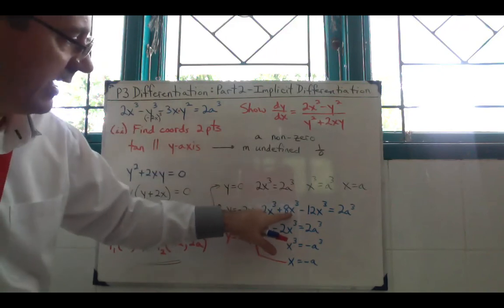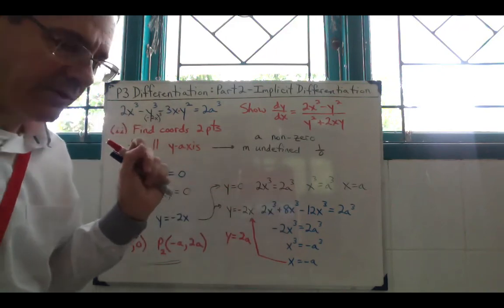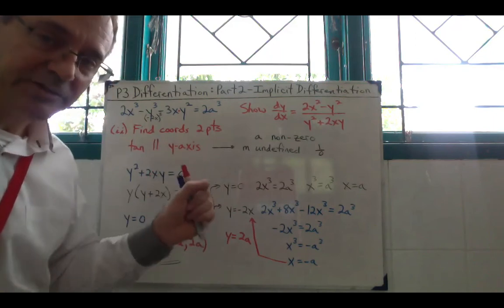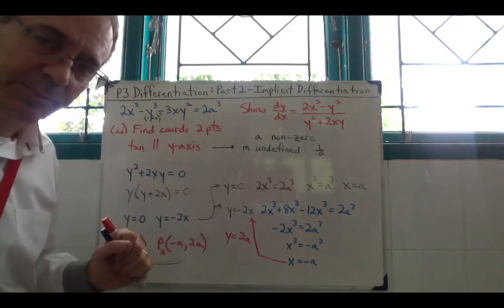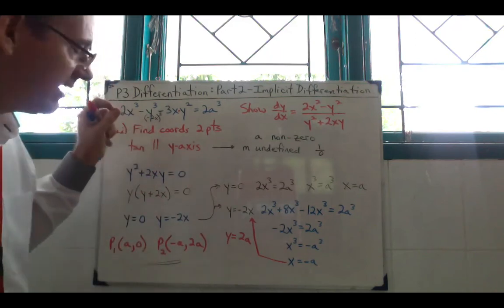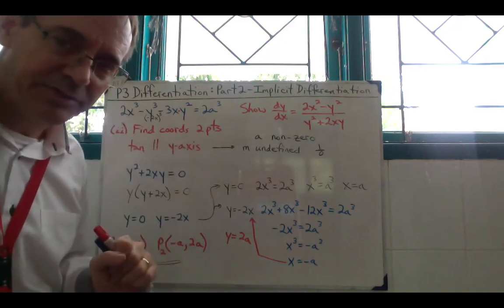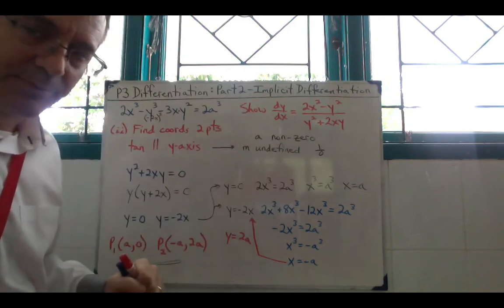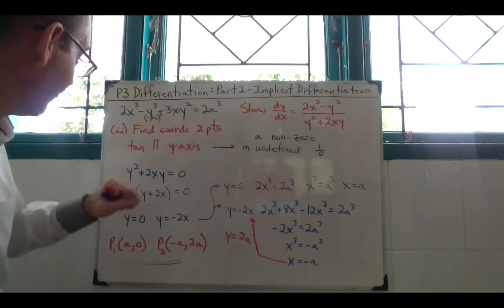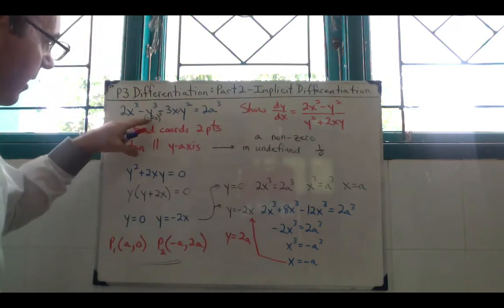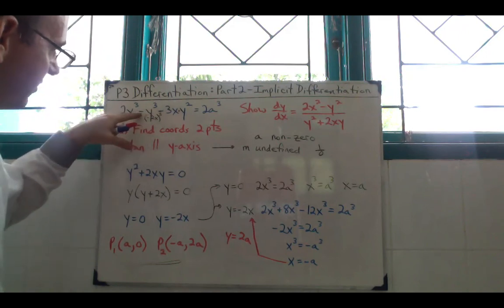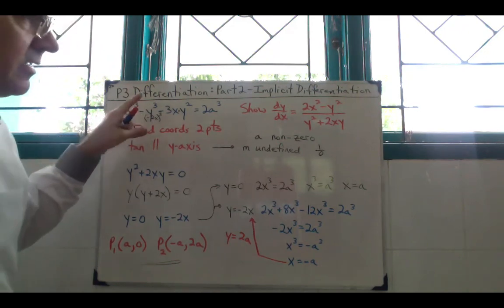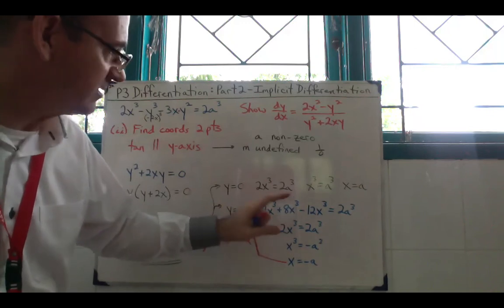So a positive 8x cubed. So be careful of your signs, especially if you're using the calculator to help you. Make sure you put the negative in the parenthesis and the exponent on the outside of the parenthesis if you're using your calculator. So that's a negative 8x cubed times the negative in front makes it a positive 8x cubed.